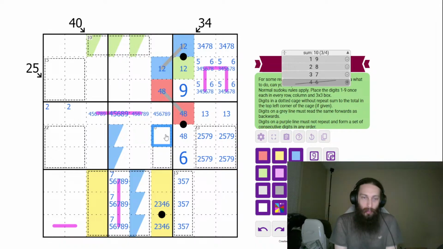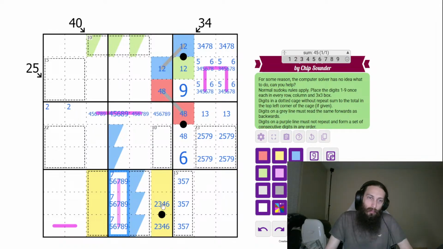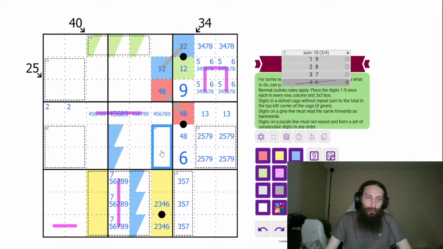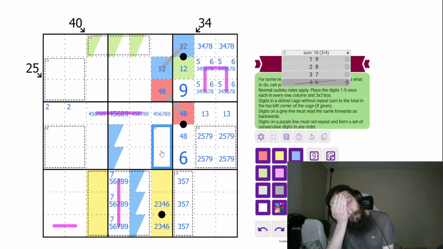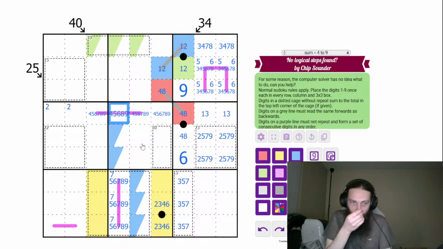How do we restrict this 10 more? Well, if this was 3 and 6, that would make this 7, 8, 9. It would force 1 and 2 over here, so it would be 1, 9 or 2, 8. This would have to be 4, 5, or 6.